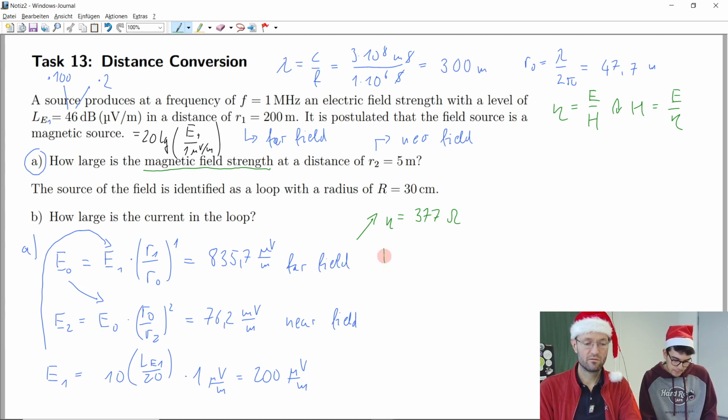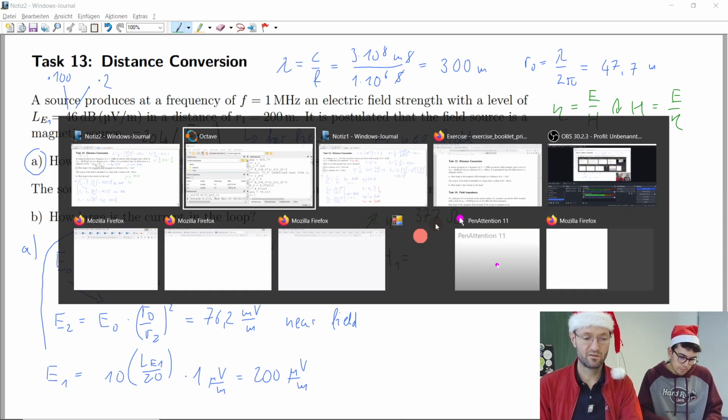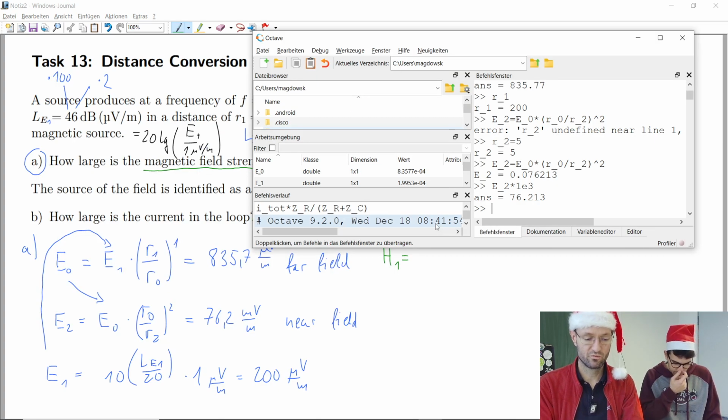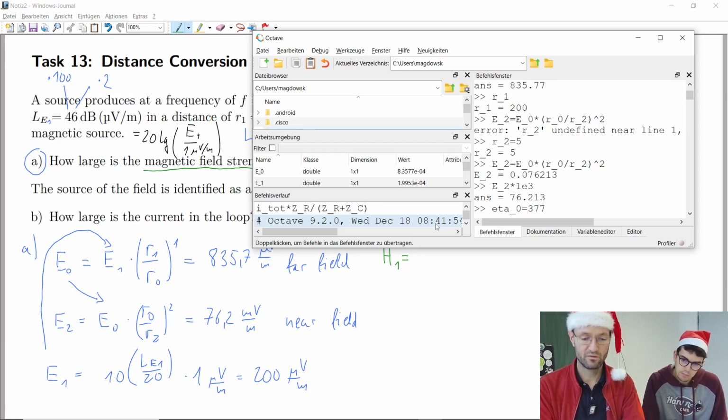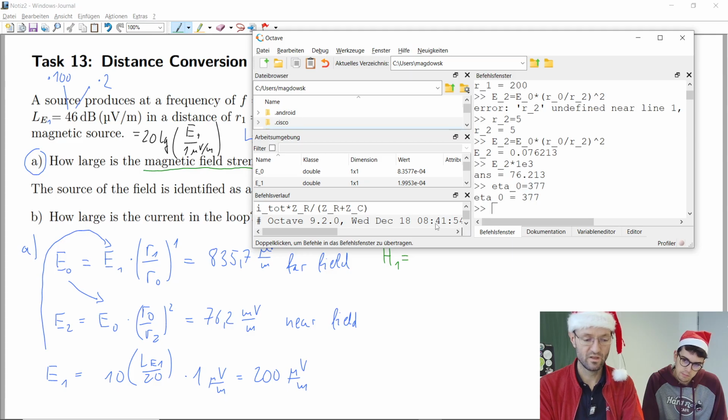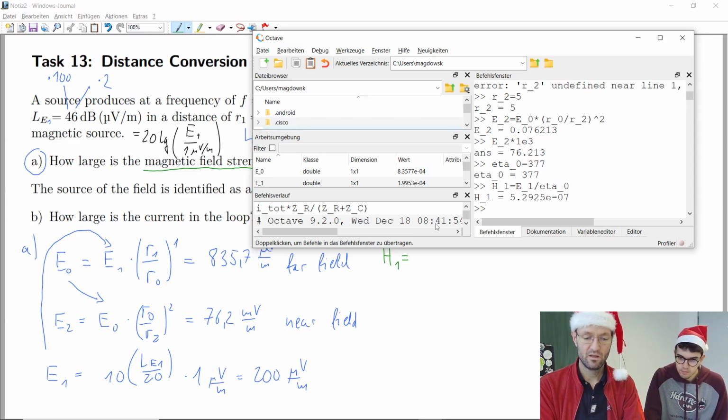So in this far field, we could just do the conversion. Let me go to MATLAB. So eta 0, I will call it, is 377. And so H1 is just E1 divided by this eta 0, and so we will get something smaller.